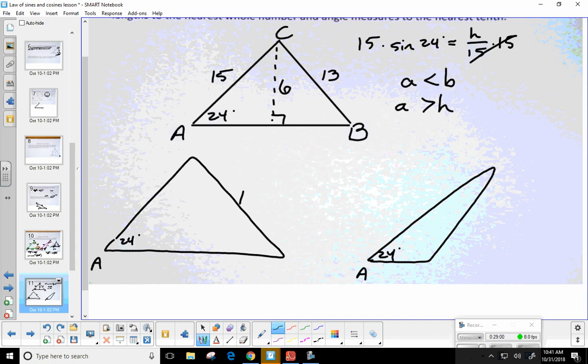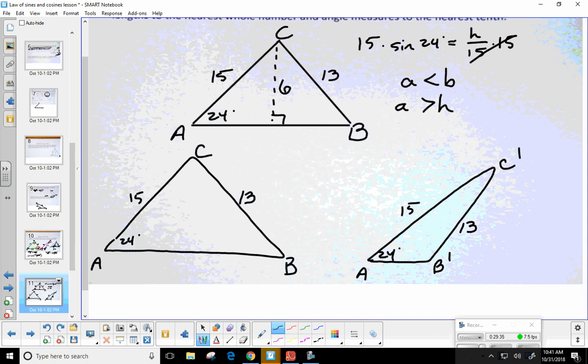I know across from it we have 13. So this is 13 as well. We know that across from angle B, we have a side that's 15 units long. So this one's 15. This one's B, and this one's C. But remember, when that side of 13 swings over to create the second triangle, angles B and C are not going to be what they originally were. So we're going to call these B prime, C prime. All right. And from here, we just start solving.